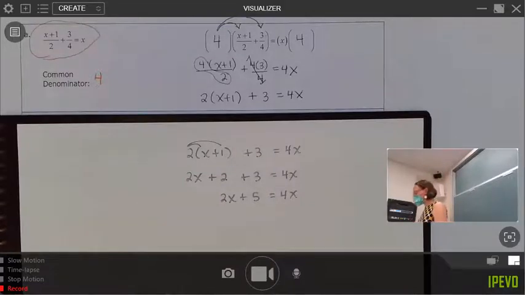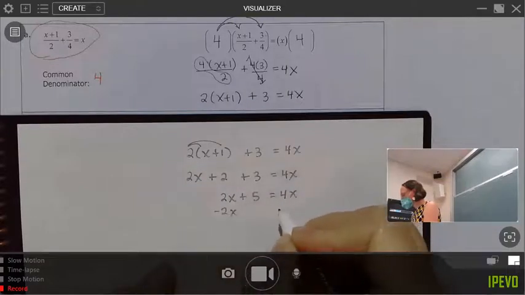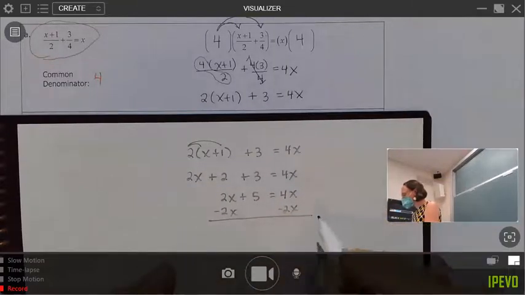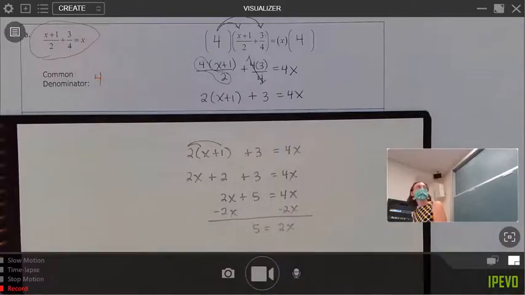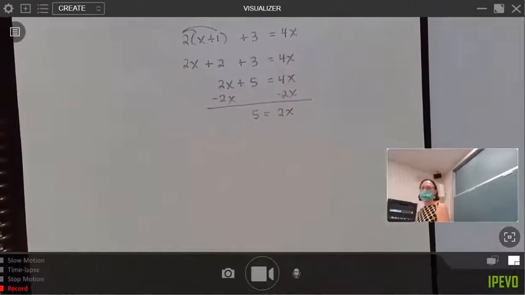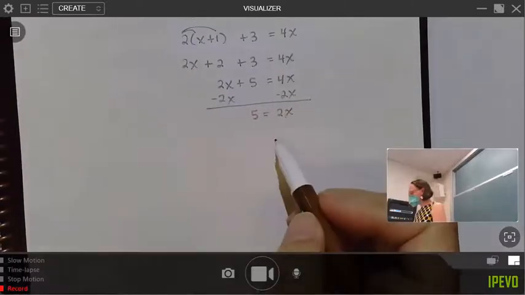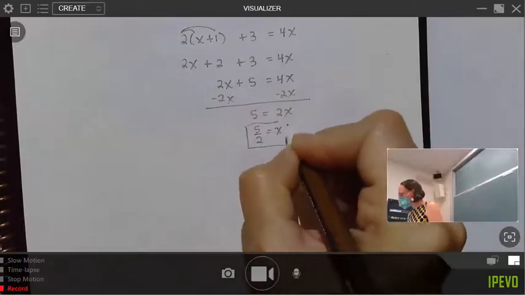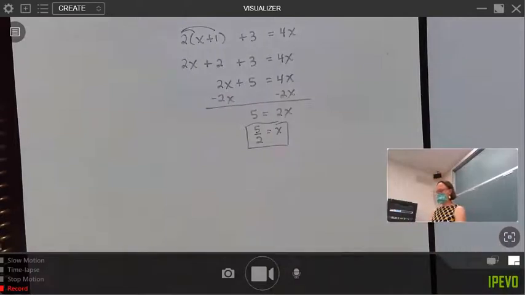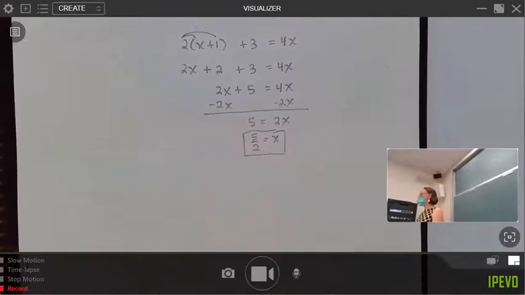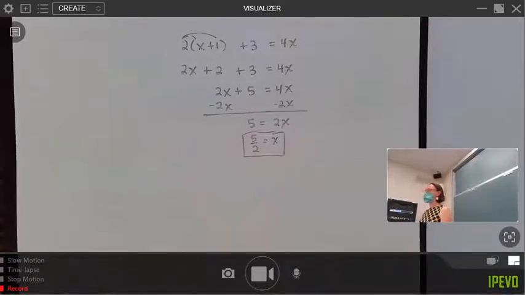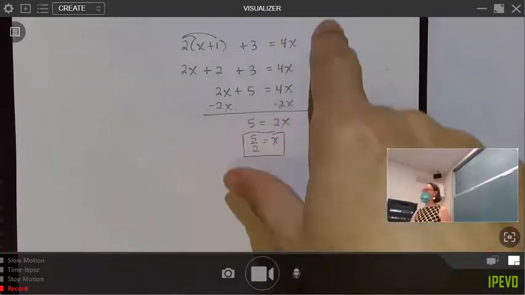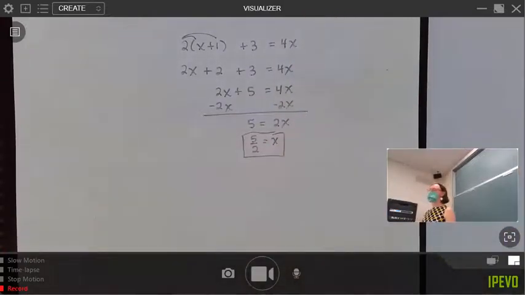So I would choose to subtract 2x from both sides, so that I've got 5 is equal to 2x, and x is equal to 5/2. I like to avoid minus signs whenever I can, and often one trick to avoid minus signs is to just get comfortable with your variable ending up on the right-hand side of the equal sign instead of the left.